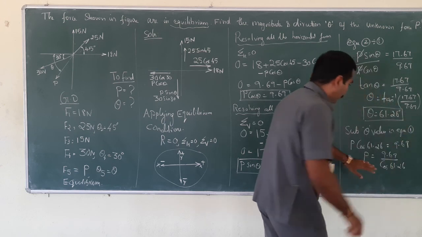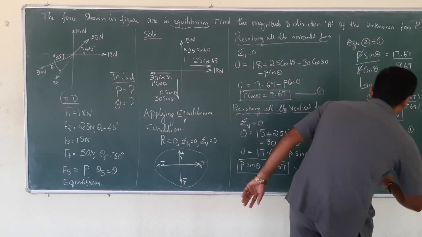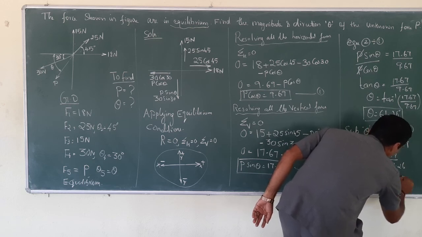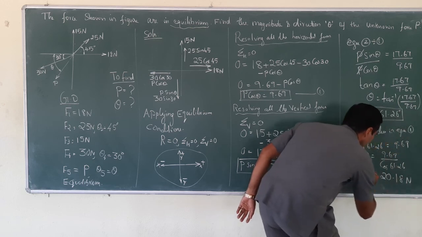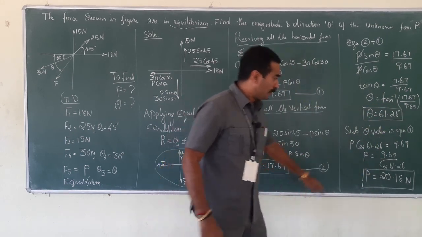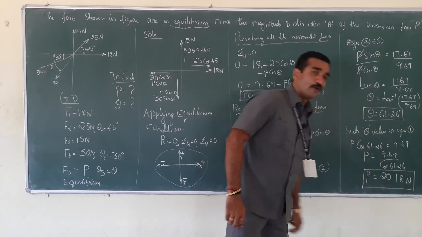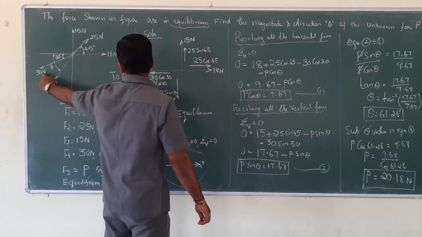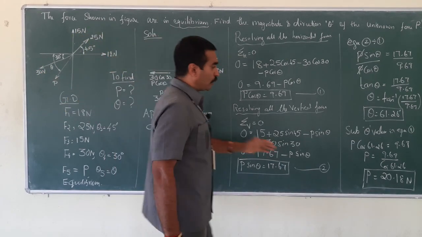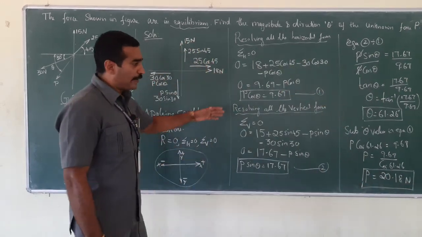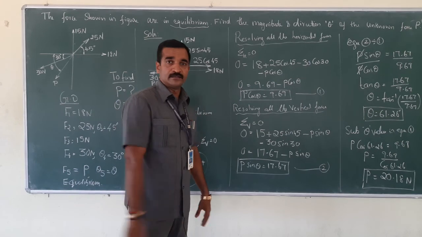If you feed this value in the calculator, you will get P equal to 20.18 Newton. Got it? If you want to check the unit of the force, look at here, the magnitudes given are in Newton, so you will get the value in Newton only. So both the unknowns have been found here.